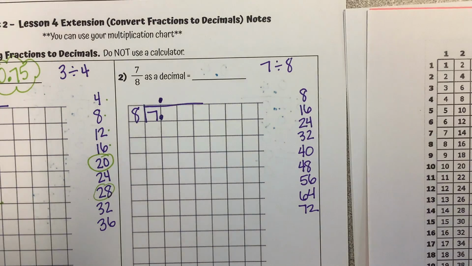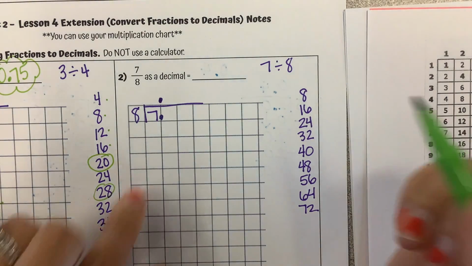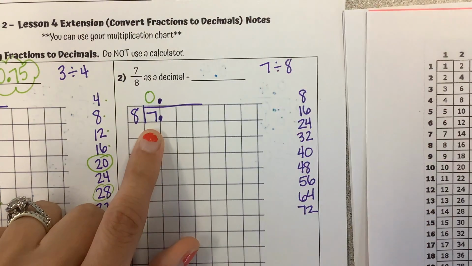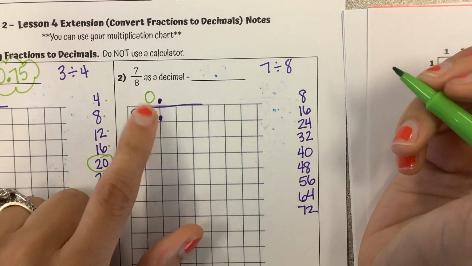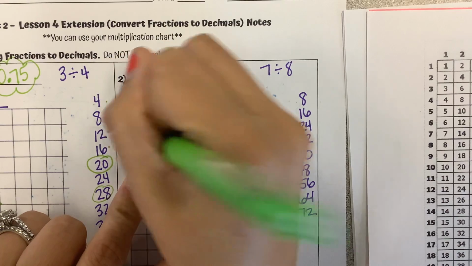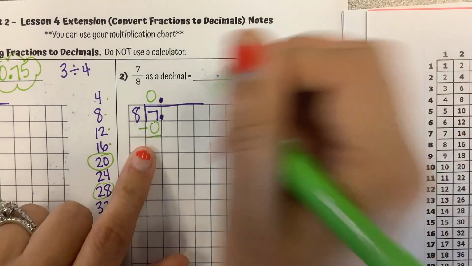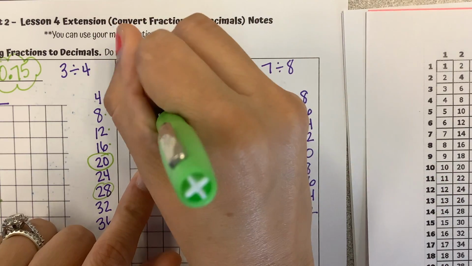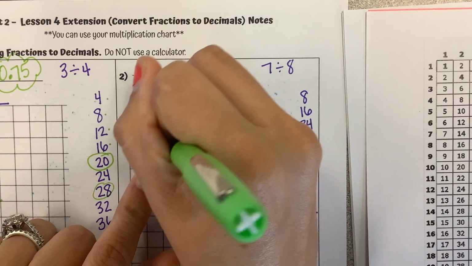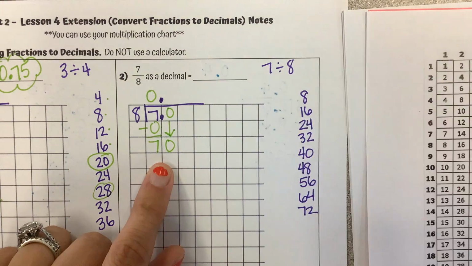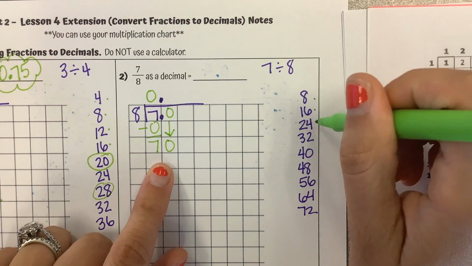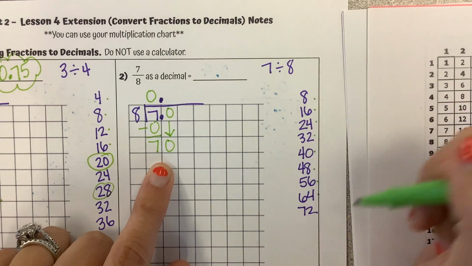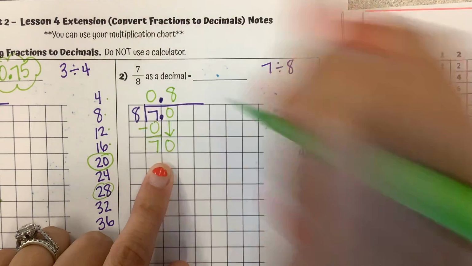Now I'm going to divide. 8 does not go into 7. 7 is too small, so it goes in 0 times. 8 times 0 is 0. When we subtract, 7 minus 0 is 7. I'm going to add a 0 and bring it down. 8 goes into 70. 1, 2, 3, 4, 5, 6, 7, 8 times, because 72 is too big.